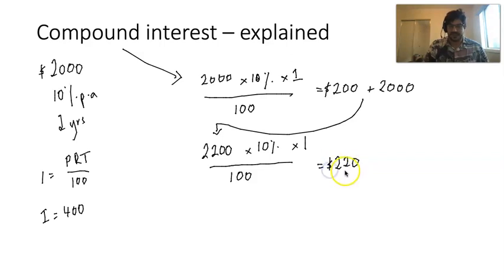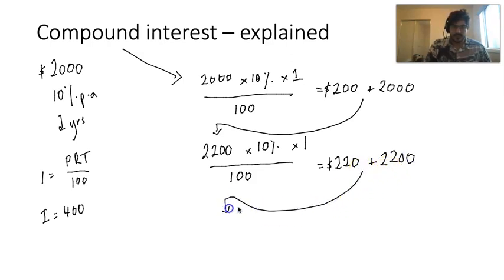Sorry, I had a bit of a brain lag there. And then this gets added to your principal for that year, and this becomes the principal for the following year, and the same pattern continues. And so that's how compound interest differs from simple interest.